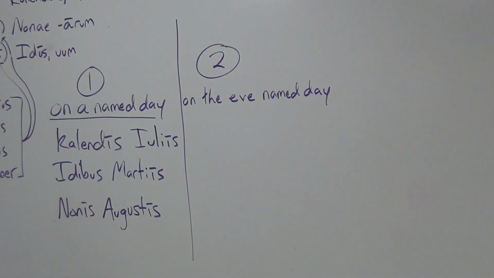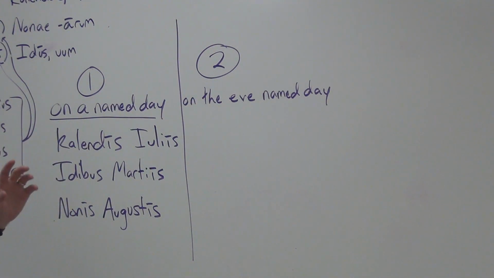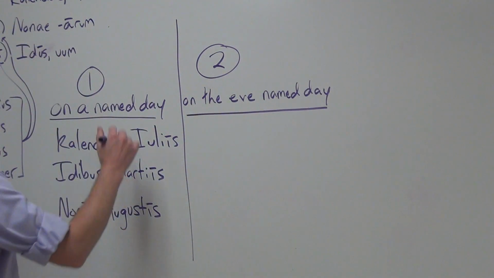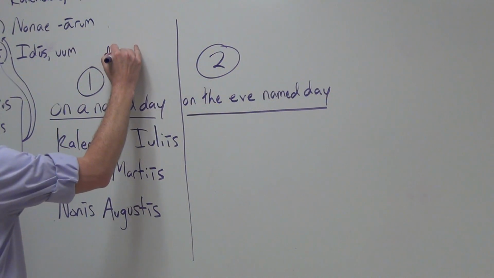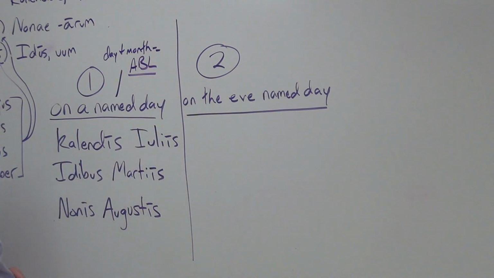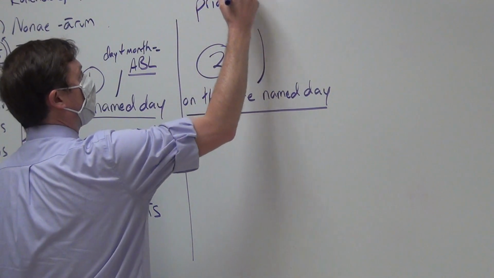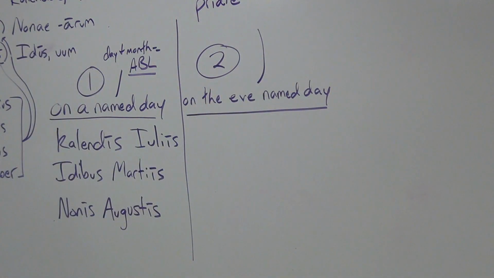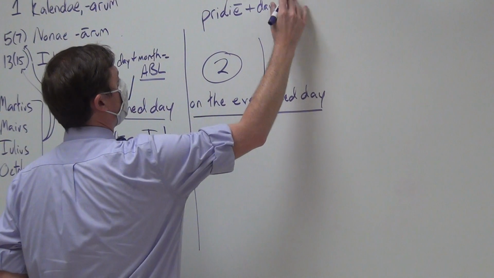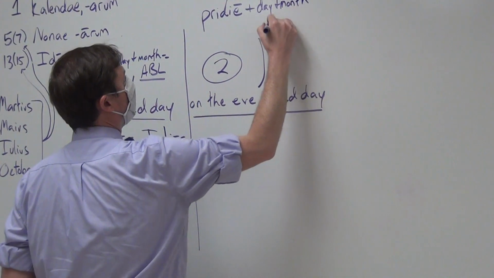Now, the eve means the day before. So if the day in question falls exactly 1 day before a named day, instead of what you've done here, which is take the day and the month and put it in the ablative, what you're going to do is take the word pridie, which literally means on the day before, and then put the day in question and the month in the accusative.